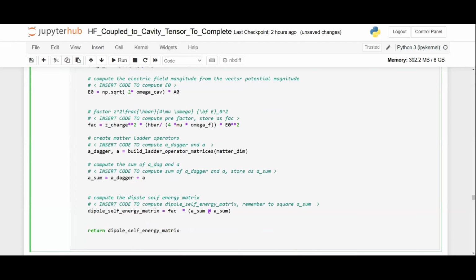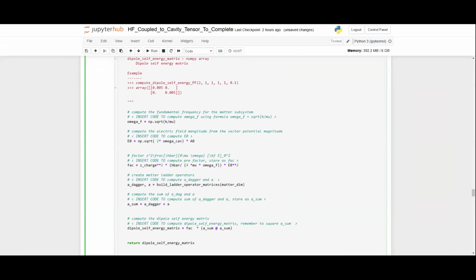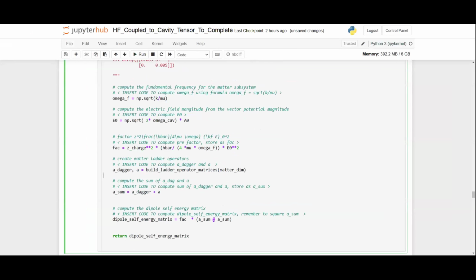Okay, I'm going to zoom out just a little bit so that all the code is visible.